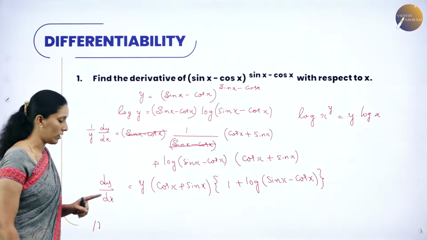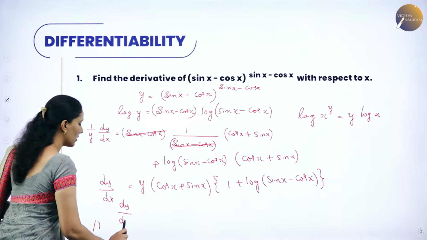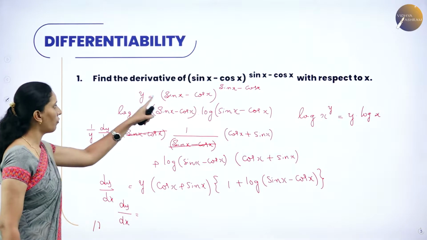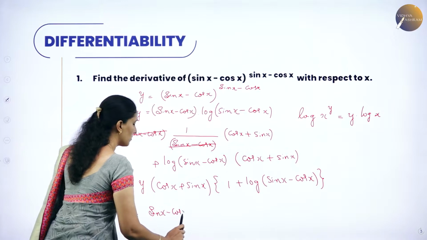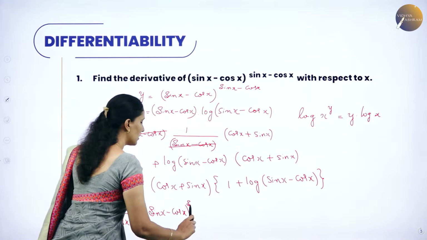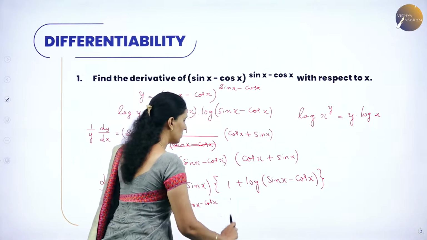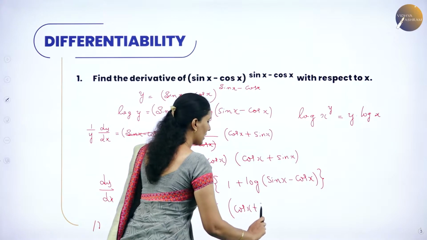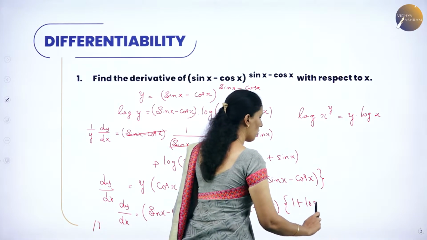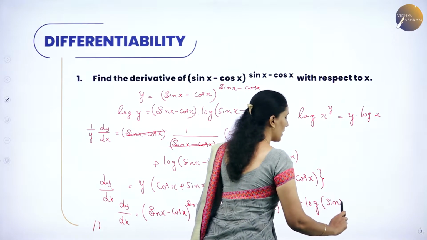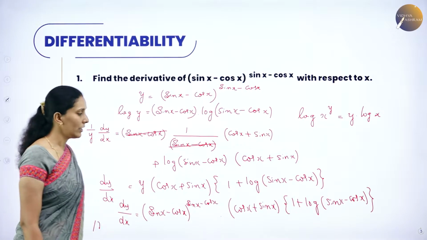Or you can write this as dy by dx is equal to, when you replace the value of y, then it becomes (sin x minus cos x) whole to the power (sin x minus cos x) into (cos x plus sin x) into (1 plus log of (sin x minus cos x)). So this is the derivative of the given function.